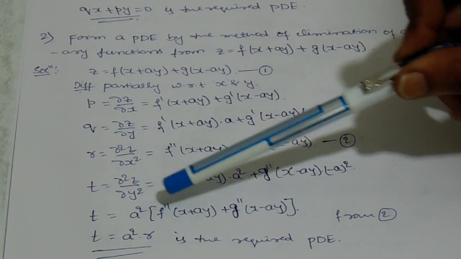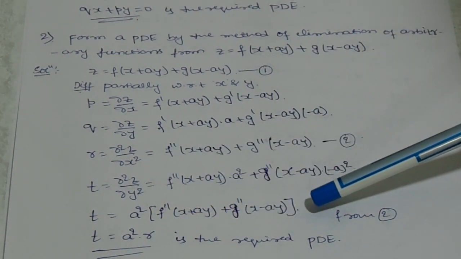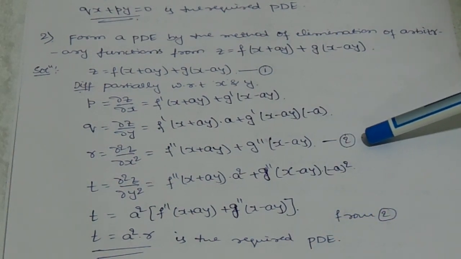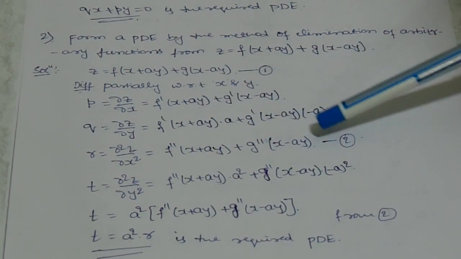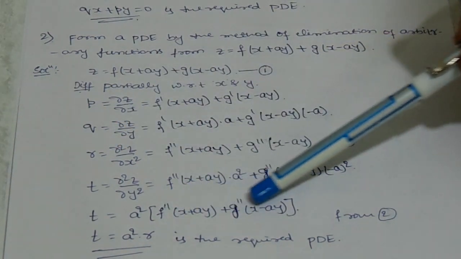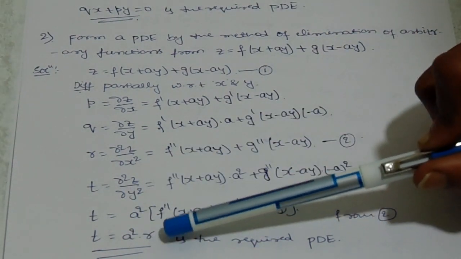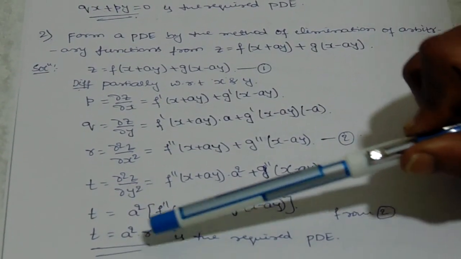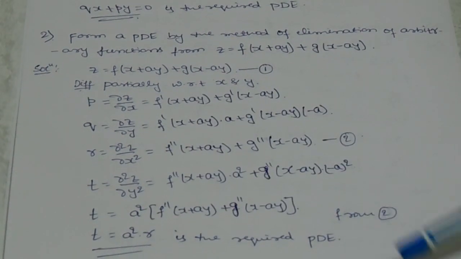Take a square common: a square into f double dash of x plus ay plus g double dash of x minus ay. Observe equation 2: f double dash of x plus ay plus g double dash of x minus ay is nothing but r. The terms inside the brackets are again r. So t equal to a square into r. There are no arbitrary functions, only t and r, which are partial derivatives. Therefore, this is the required partial differential equation.